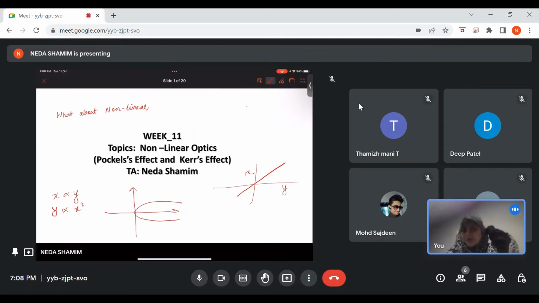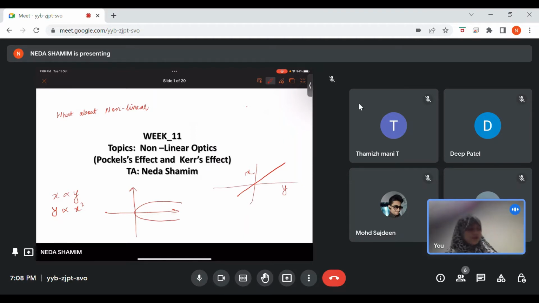So all this while we have been seeing linear relationships between our quantities, whatever we were considering, like the displacement vector has a linear relationship with the electric field, the polarization has a linear relationship with the electric field. So when we talk about non-linearity, we no longer look at only this linear relationship.